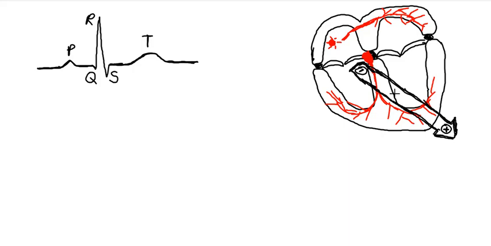In simple terms, this is the direction in which the heart is depolarized. Precisely and technically, this is not correct because different areas of the heart have different axes of electrical vector, meaning they are depolarized in different directions. That's why we have some positive waves and some negative waves.